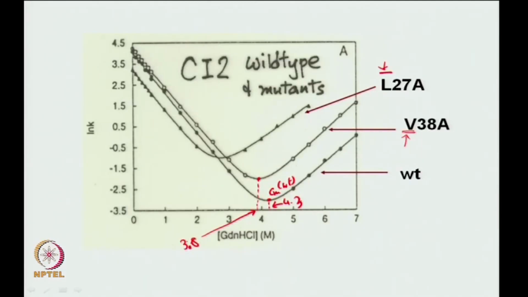In one word, destabilized. Now you go to L27A. Where does the Cm shift? You can see now the Cm shifts to somewhere here. So, this would be, say, 2.6.